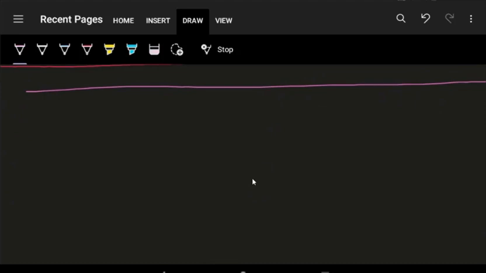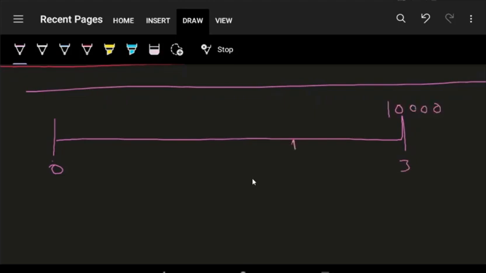Similarly, we have the compound type 2 rate, and it works similarly to compound interest rate. Suppose here is my amount. We will discount this amount by multiplying it by 0.95, and the amount will come out to be 9,500.